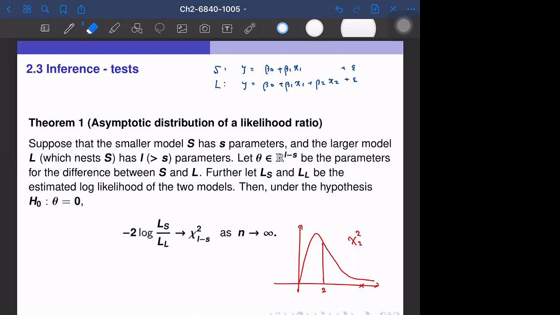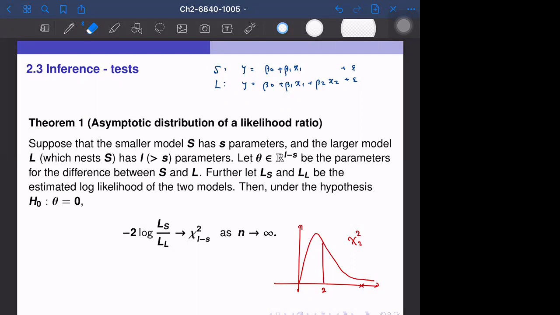Okay, so Theorem 1, a general theorem: the asymptotic distribution of a likelihood ratio. Suppose that we have a smaller model S and a larger model L, which nests S, and that model has L parameters.